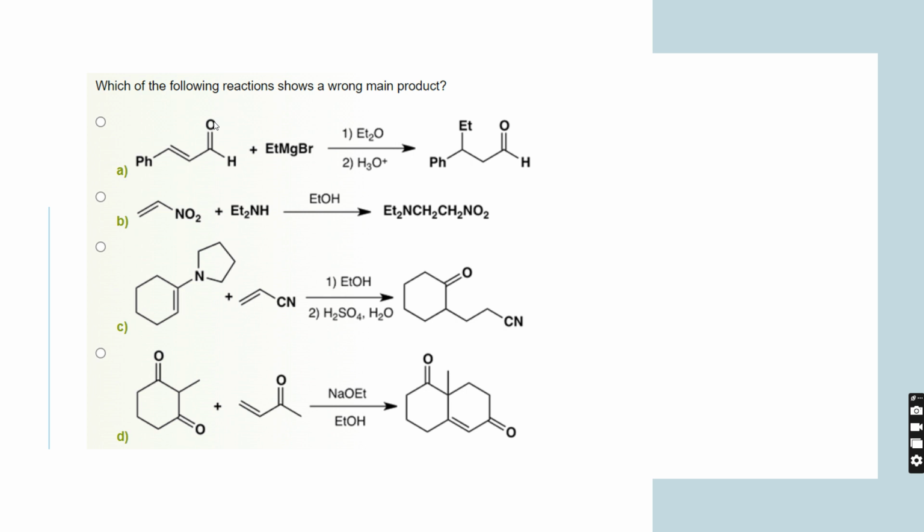You will get addition in the 1,2 fashion predominantly, because like we have already discussed, when you have organolithium and Grignard reagents, you are going to get 1,2 addition predominantly, and then some fraction of 1,4 addition will be formed, which will of course be much lesser than the 1,2 addition product.